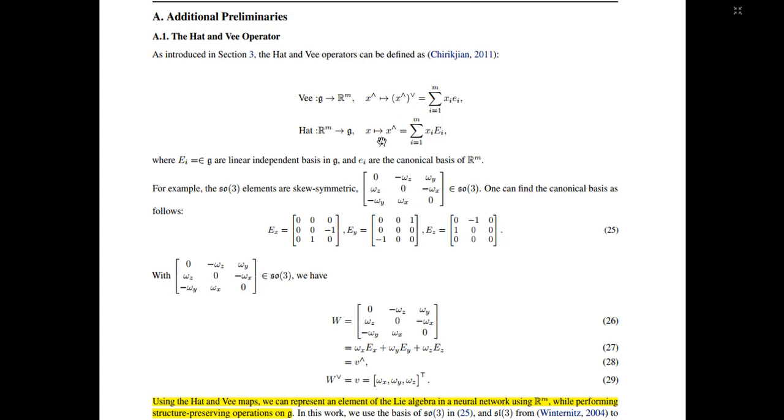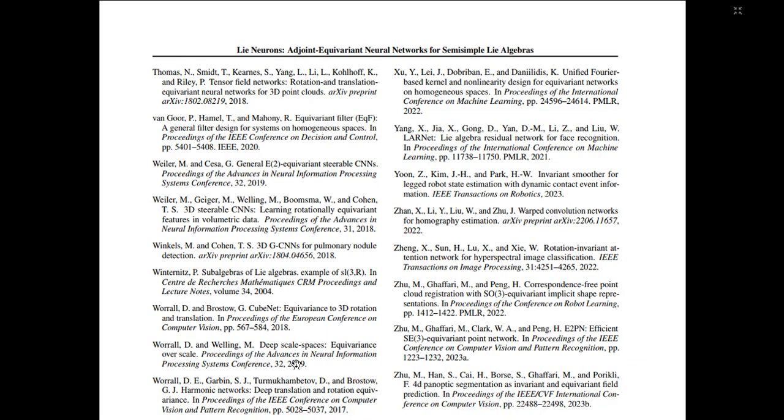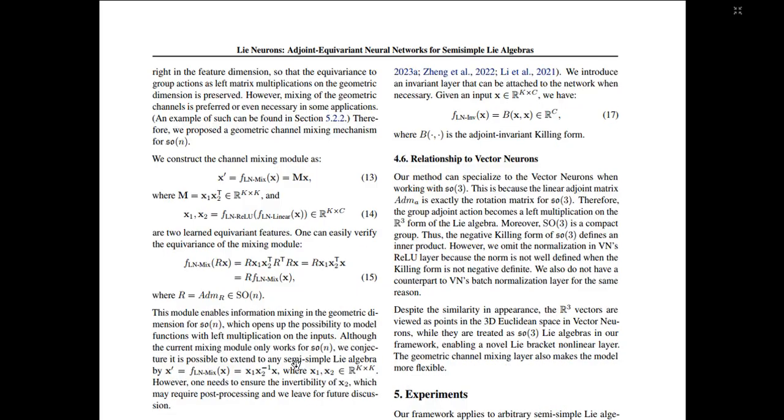So for example, we take SO3, whose elements are skew-symmetric matrices, and we have these bases. So we can define an element using these bases, and we have that concept of V and hat used here.